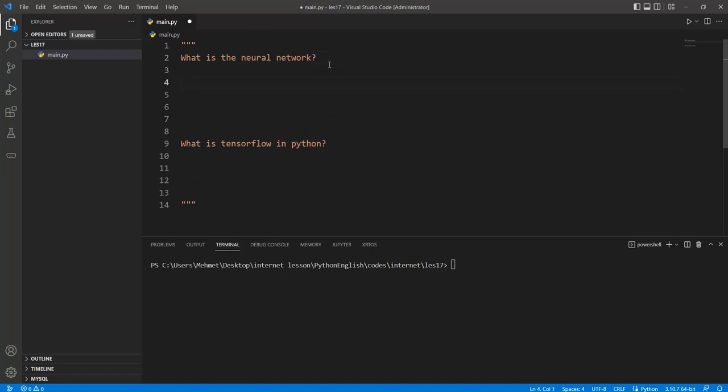Okay, firstly, you may have heard about the neural network, but the neural network is kind of like the brain architecture, which means that we have the central processing units in our body or physiology, which we call neurons.